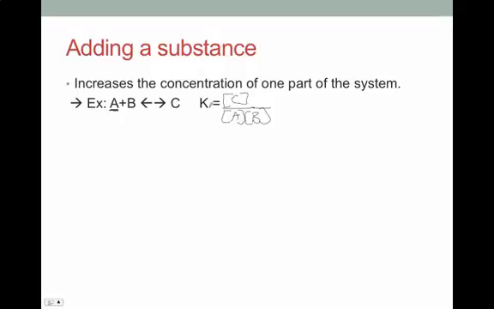So to do that, I would have to decrease the denominator and increase the numerator. So what will happen is that the forward reaction speeds up, and that's termed that the system shifts to the right.